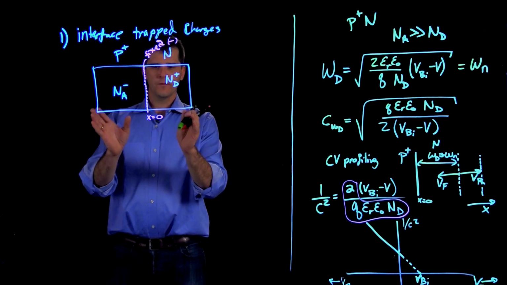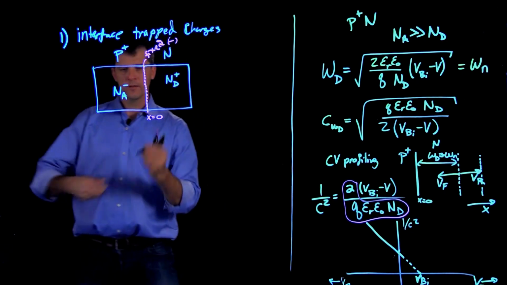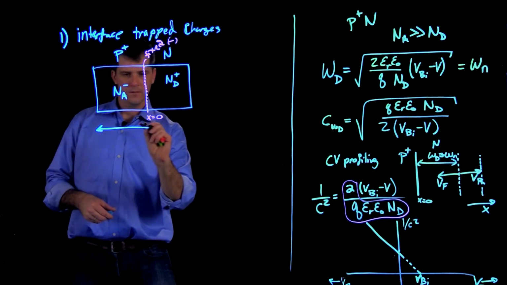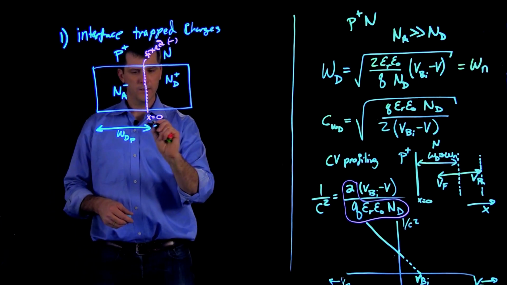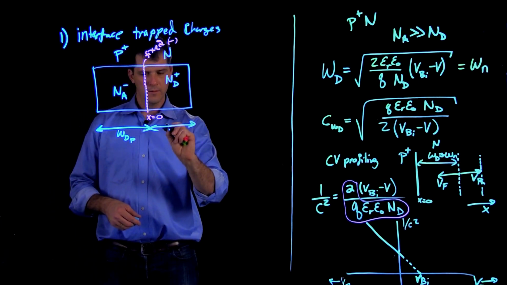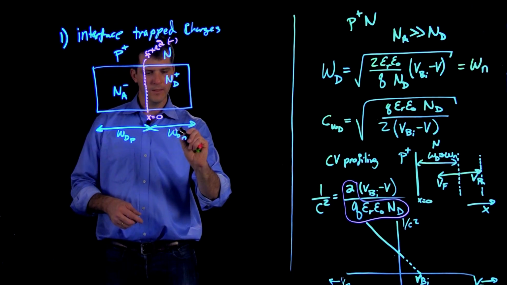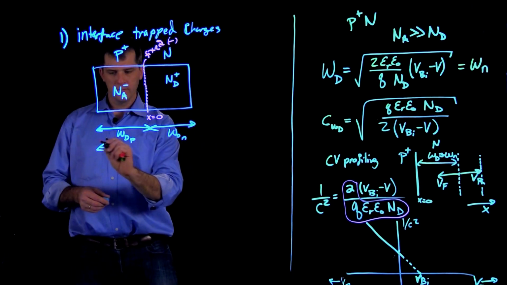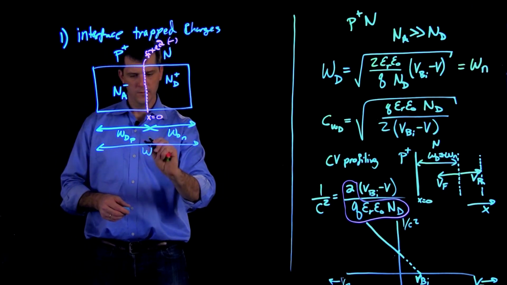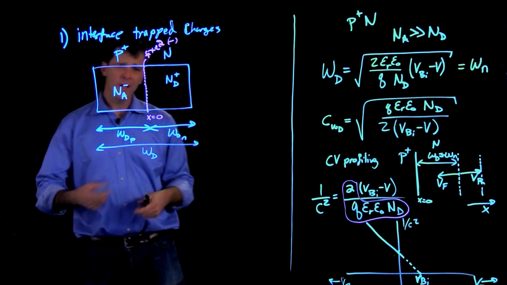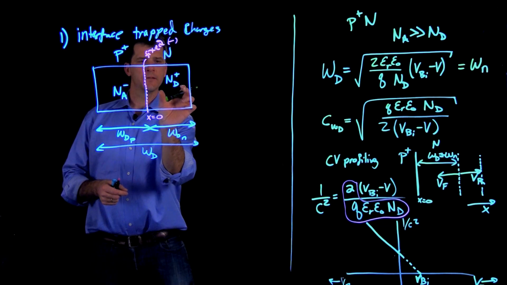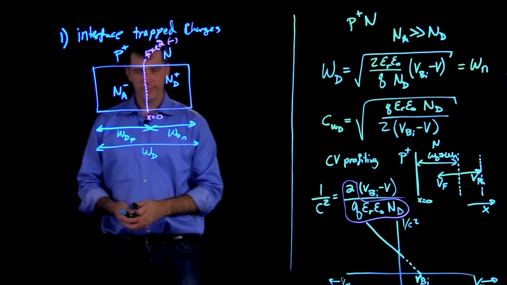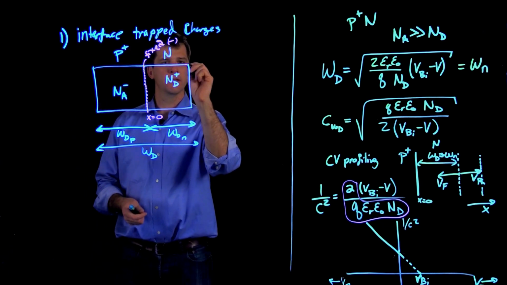So compared to this case where we have our WD on the P side and our WD on the N side, adding up to the total depletion width, now what's going to have to happen is some extra positive charges are going to have to be added to maintain that charge balance.